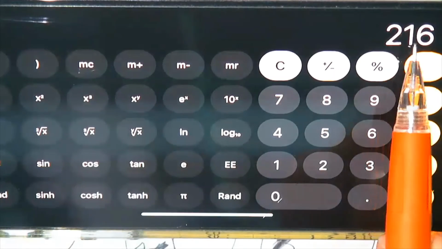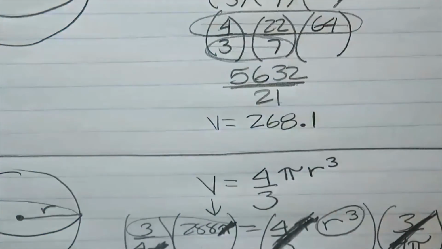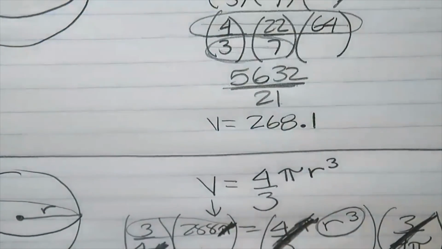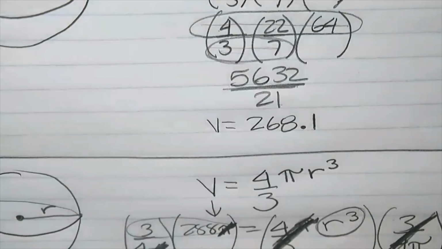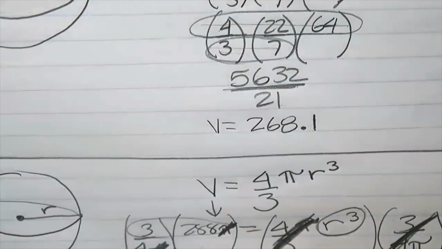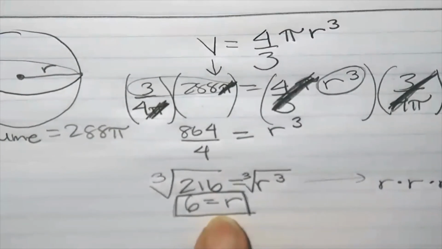So I've typed in 216, and I want the cubed root. It's 6. So 6 times 6 is 36, times 6 is 216. So my radius is 6. There you go. So the radius is 6.